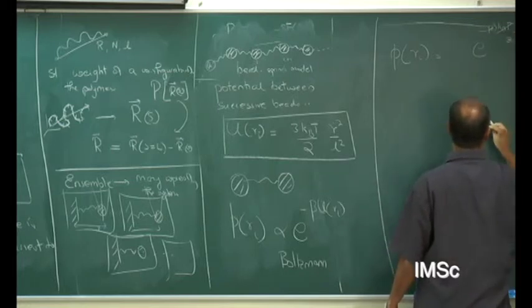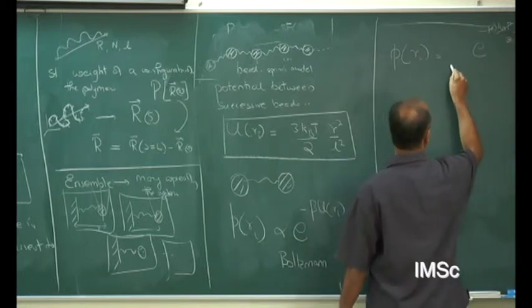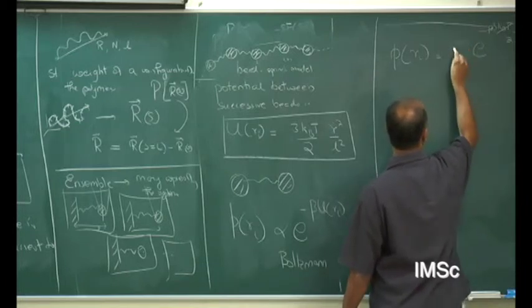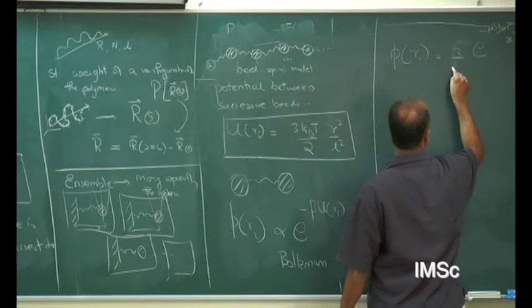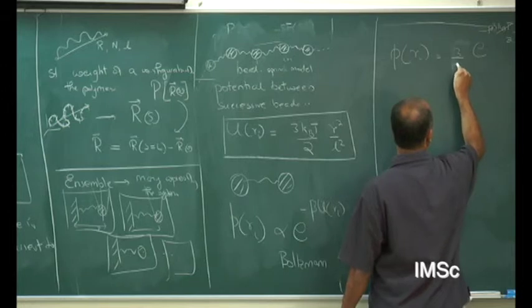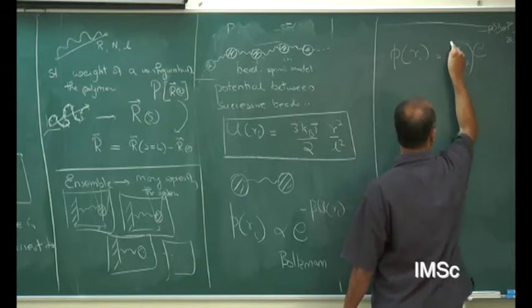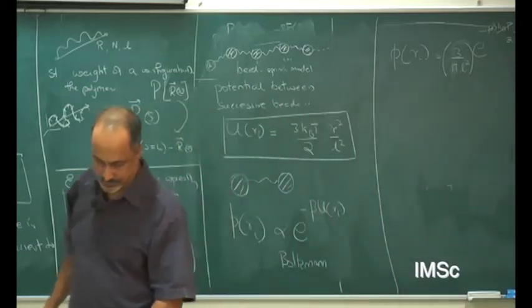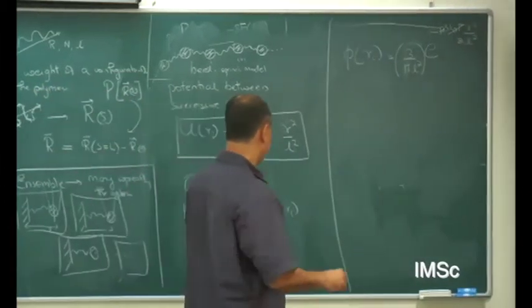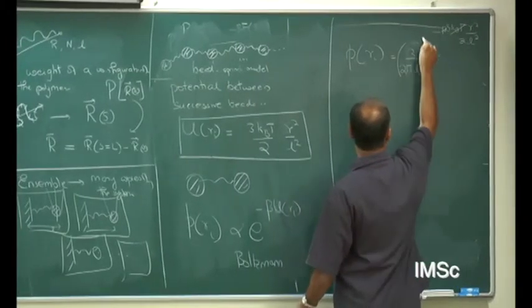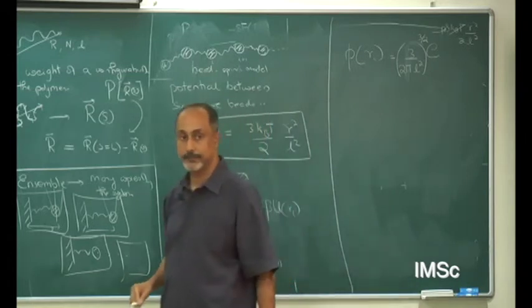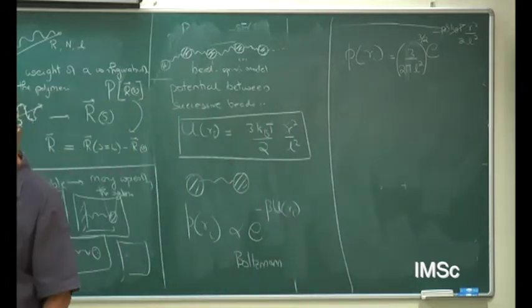I can delete both the beta and the kBT. And over here I have not a square root, a 3 over 2 pi L squared raised to the power 3 by 2. That's just putting the right normalization in.